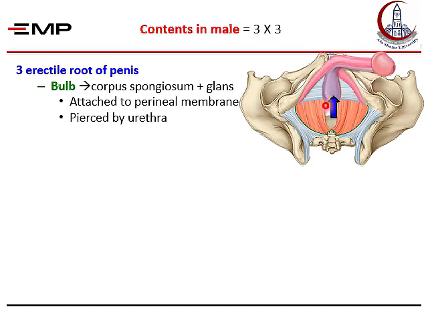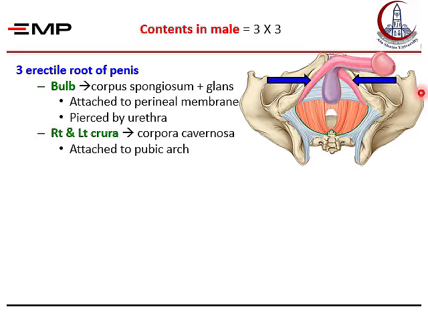It is attached to the perineal membrane and is pierced and traversed by the penile urethra. The crura are right and left. They extend as the corpora cavernosa. They don't get into the glans. They are attached to the pubic arches.